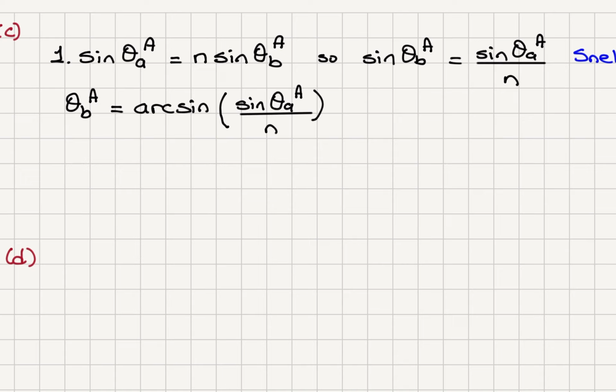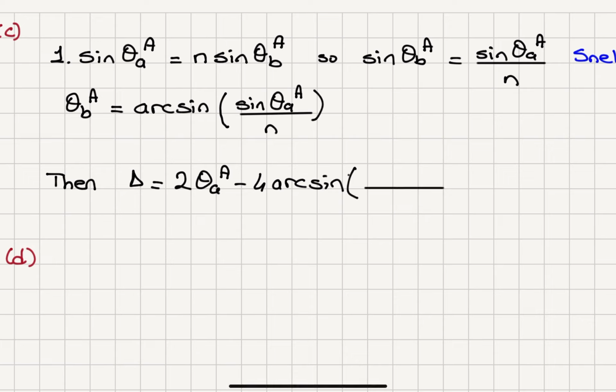Then my deviation can be written as twice the angle of incidence at point A minus 4 times arc sine, or sine inverse, of sine theta A at point A, the angle of incidence at point A, divided by the index of refraction, plus pi.